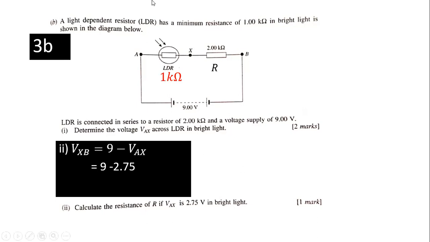Okay. You are told that this is 2 kilo ohm, 5 volt. I'm a bit lost what is happening. Calculate the resistance R, this R, if VAX is 2.75, if the potential difference across the LDR is 2.75.